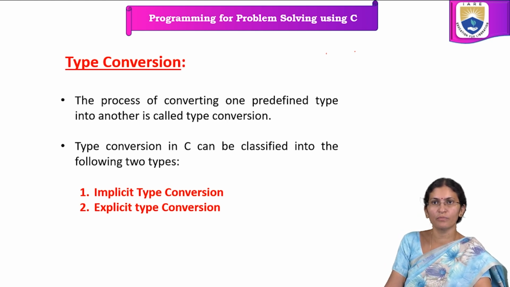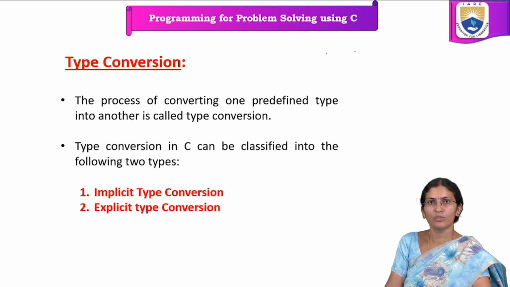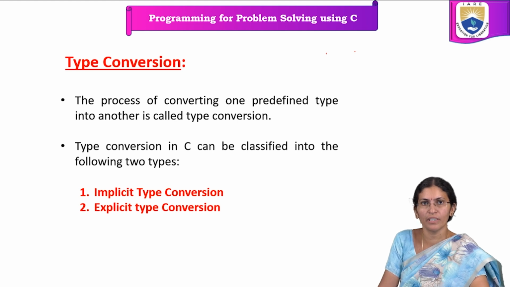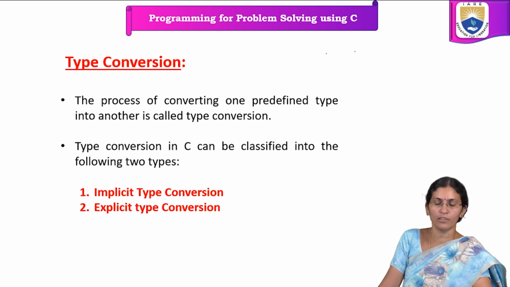In the third program, we added one integer and one float variable, so the output is float type only. In the next program, we added one integer and one double variable, so the resultant is a double type value.